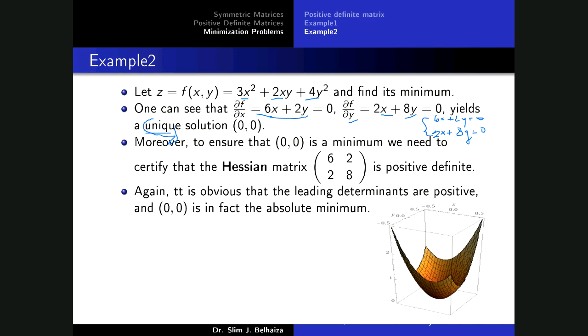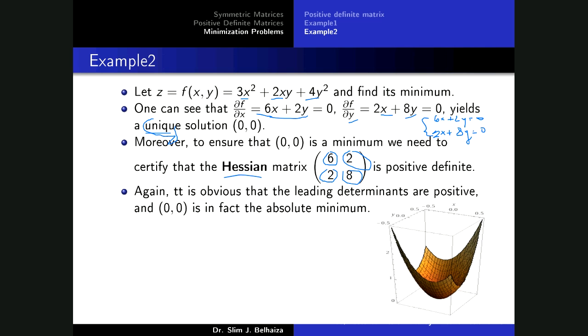Excellent. But more than this, if we compute the Hessian matrix, plug in all 4 second derivatives. By the way, you will always have d squared f over dx dy equal to d squared f over dy dx. It doesn't matter whether you differentiate with respect to y first or x first, you always end up with the same value.